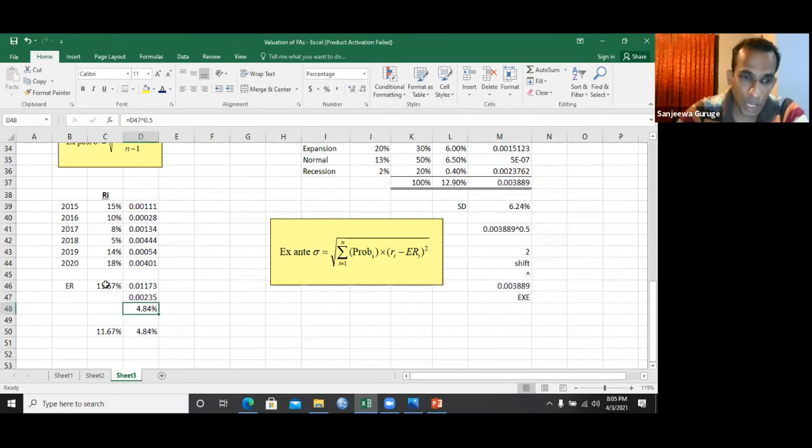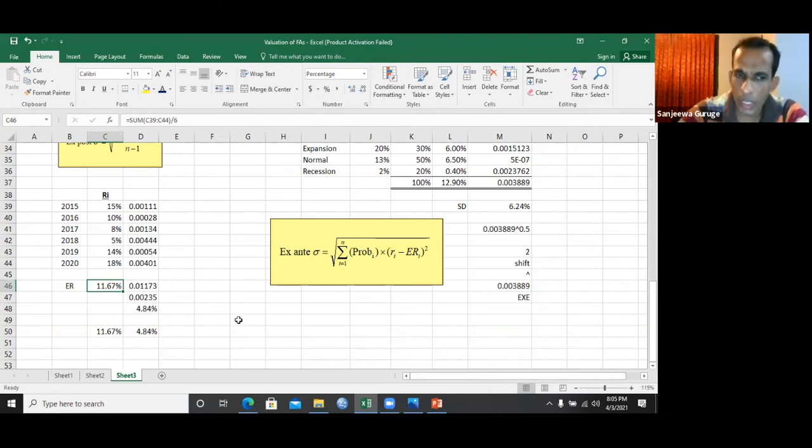That means sometimes the actual return may be 4.84% more than what we expected. Sometimes it is 4.84% less than what we expect. Generally this is the standard deviation, right? So it can increase or decrease. That's why when you see this return data over the last 6 years, the average return is this, but sometimes it can increase, sometimes it can decrease.